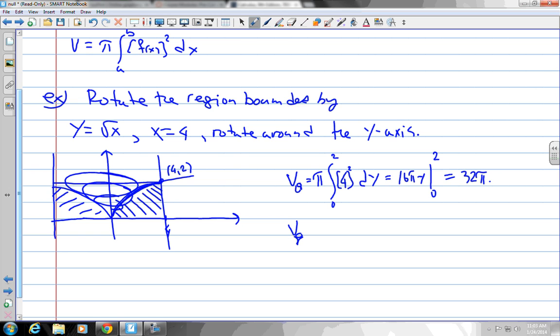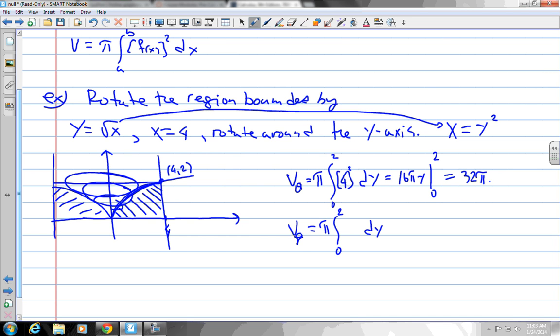Now the volume of the funnel. Again, we'll integrate from 0 to 2. What function are we going to be integrating? Well, the square root of x, that's y as a function of x. But when you look this way, you want x as a function of y. So you need to solve for x: x equals y squared.